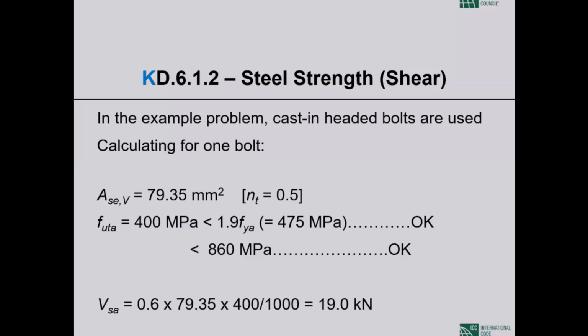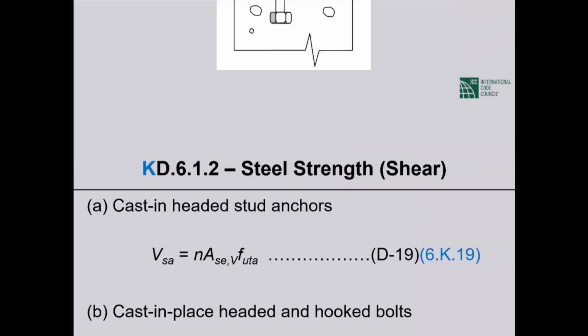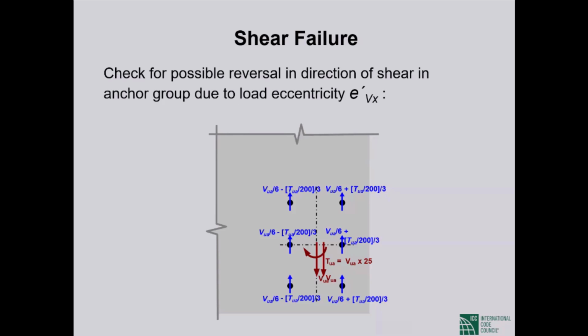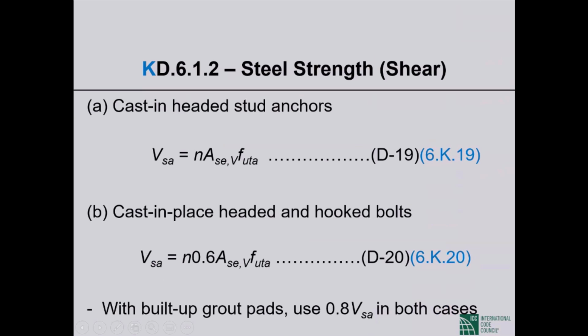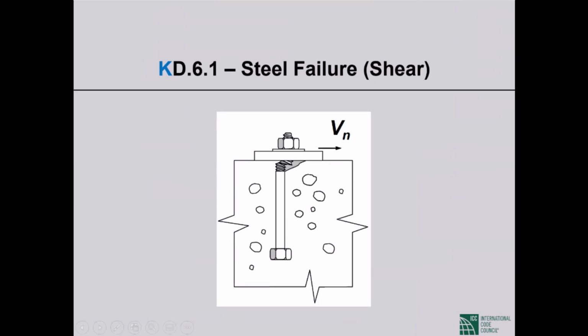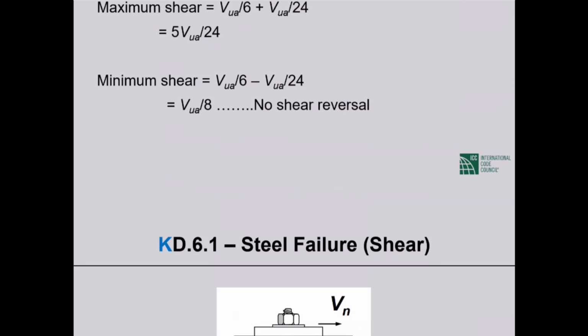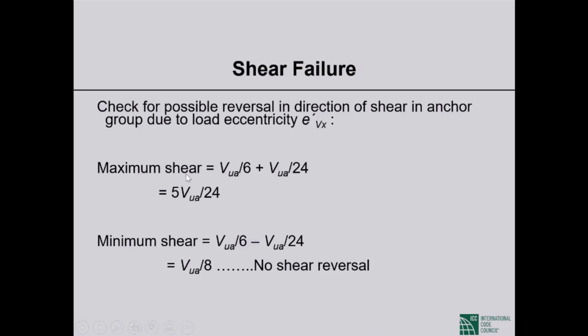For y direction shear, the anchor that experiences the most shear experiences 5, 8, what's the number? I'm sorry, I skipped the number. 5/24ths of the shear applied to the group. Okay, so the maximum shear on a single anchor is 5/24ths of the shear applied to the group.